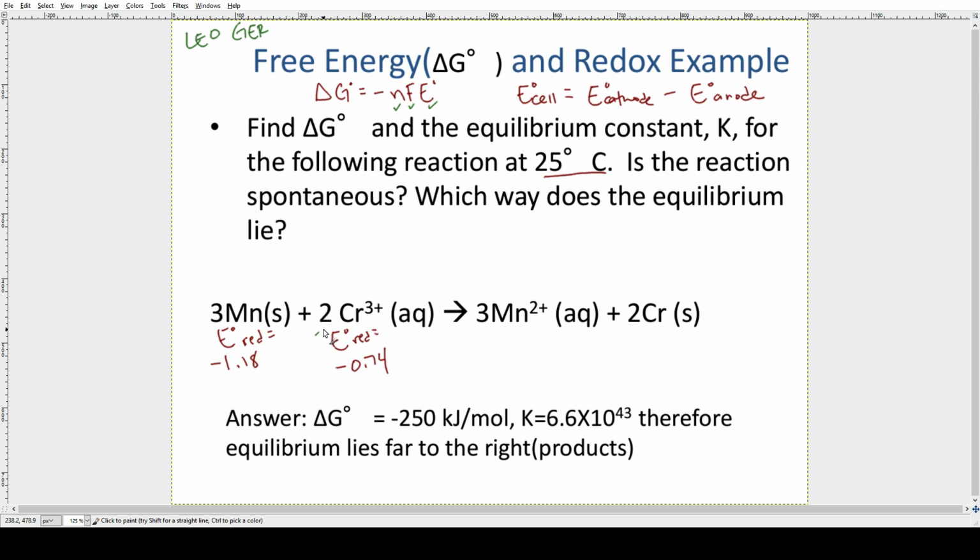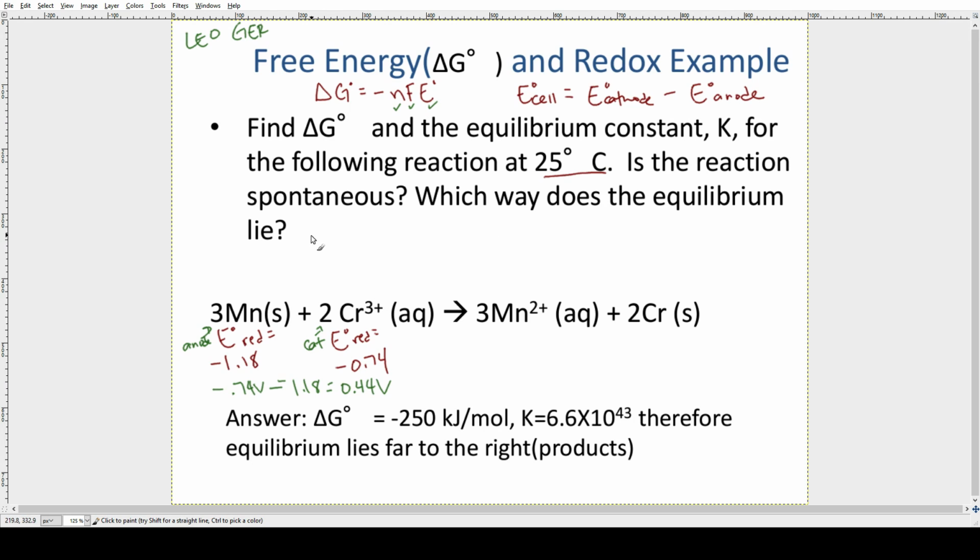So this right here is our cathode, which means this must be our anode. So I'm going to do negative 0.74, these are all in volts, minus a negative 1.18, and I come out with 0.44 volts. Okay, so now I have this number up here for my delta G.